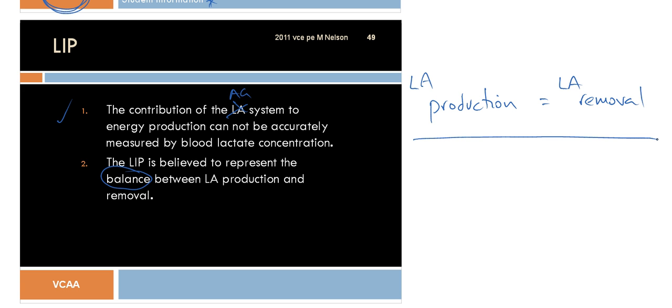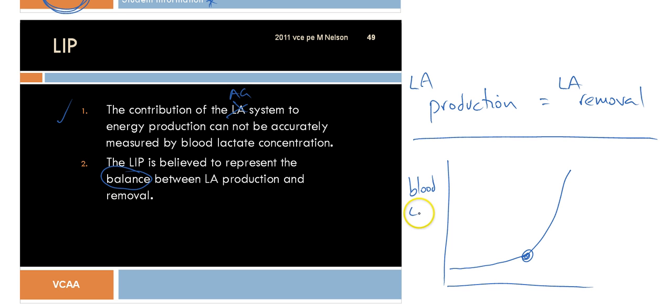Once we go past that balance point, where we cannot remove as much as is being produced, that's when we get our most rapid increase in blood lactate.